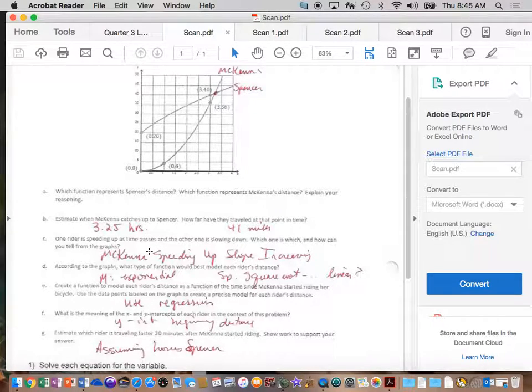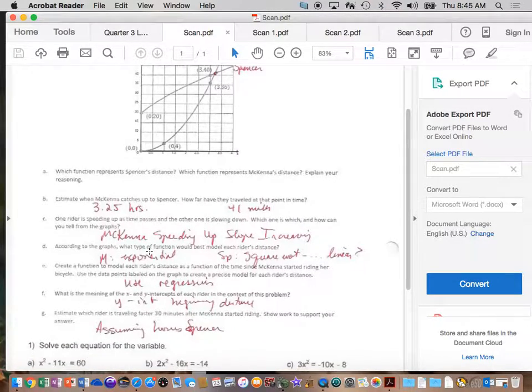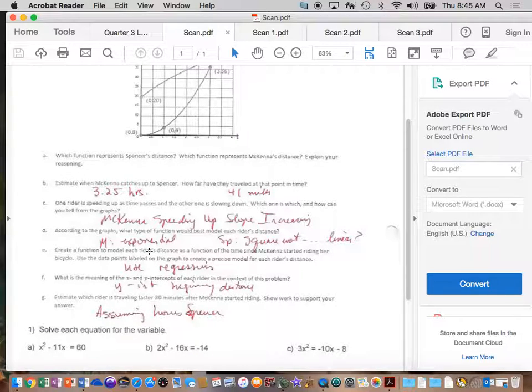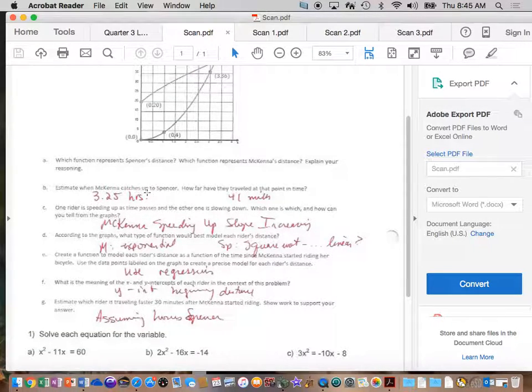So Spencer is 20 further along. Assuming that these numbers on the bottom are hours, which I don't see listed anywhere, then Spencer is increasing faster because his slope is greater. So that would be my guess as far as that goes.